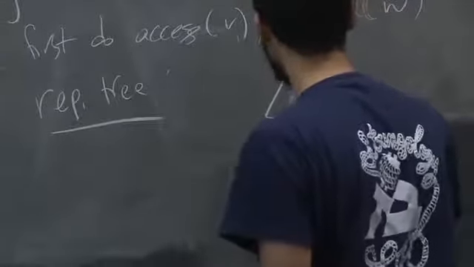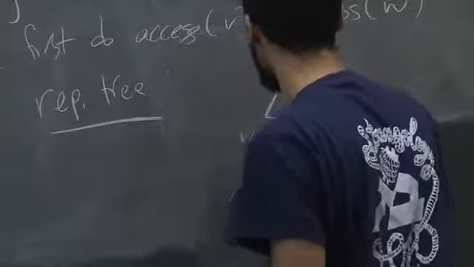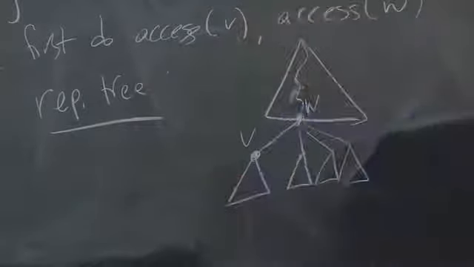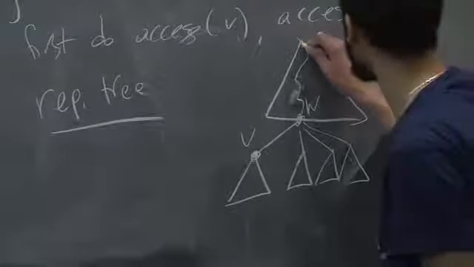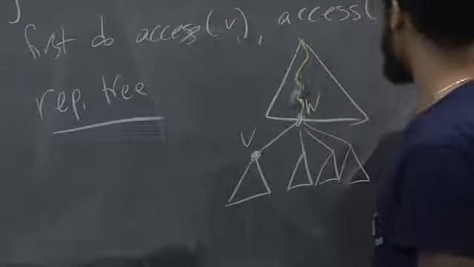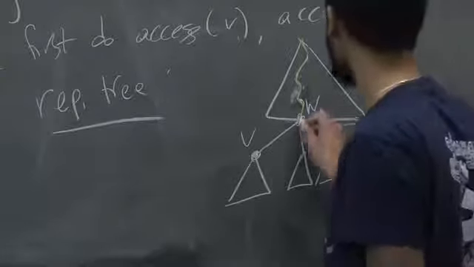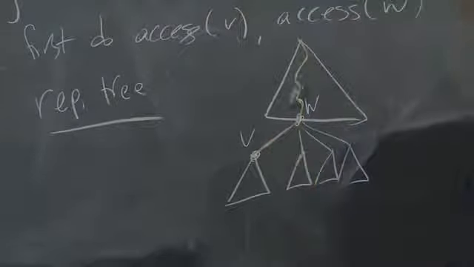And then we also now hang off V. And what are the preferred paths here? This path is preferred because we didn't access on W. And that actually goes all the way down to V. Okay.